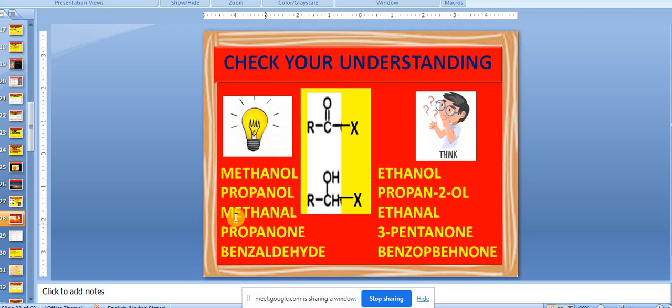Now we can talk of methanol. Now you have to check the top grouping. Here, R is H. If R is H and X is H, then it will be methanol. And Arman's question lies here. If R is H and X is H, this becomes formaldehyde.